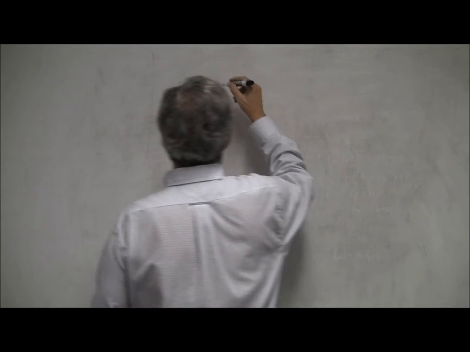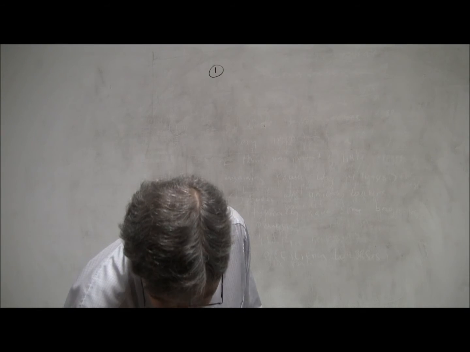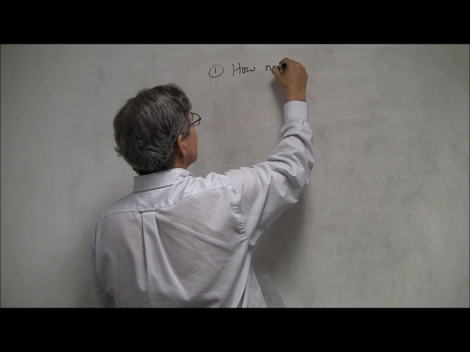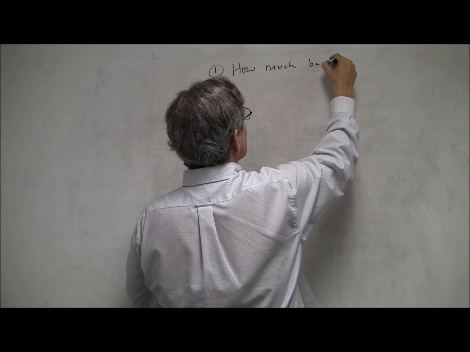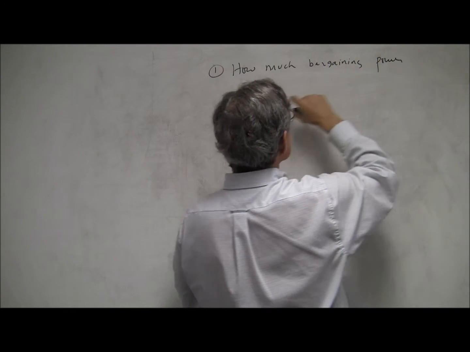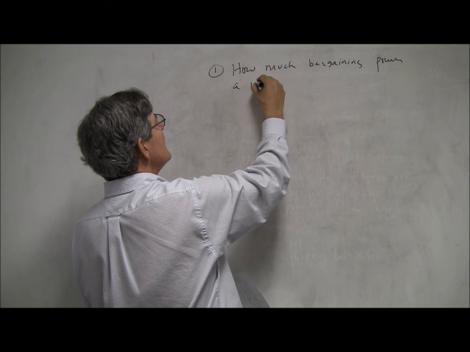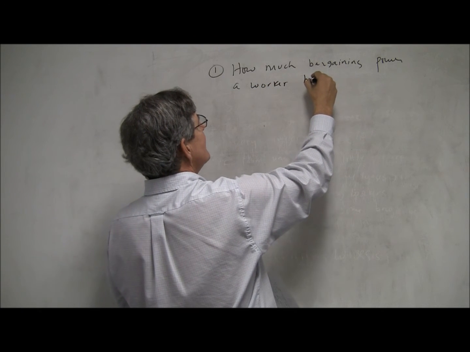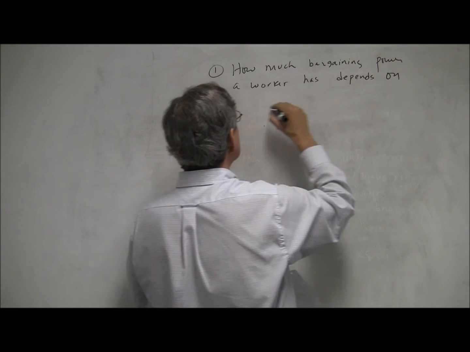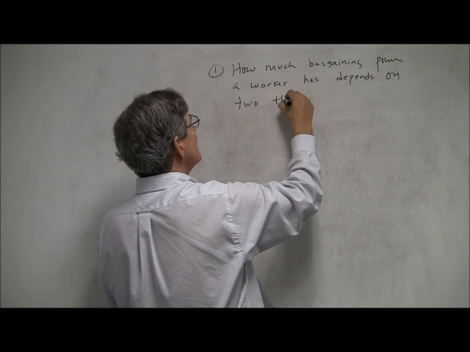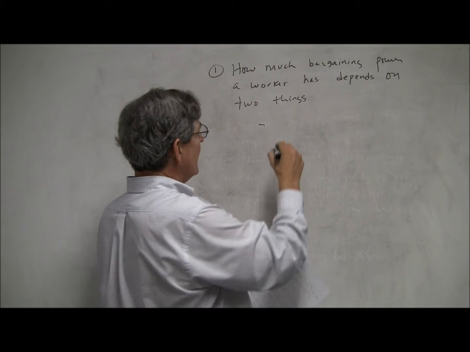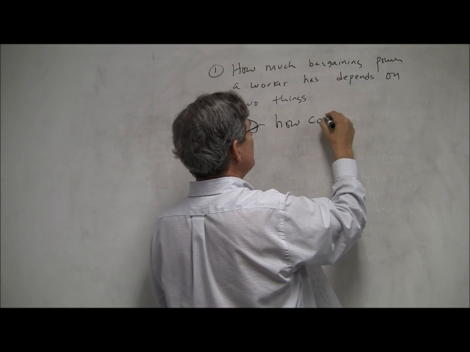So first is on bargaining power. How much bargaining power a worker has depends on two things. First, how costly it would be to replace the worker.